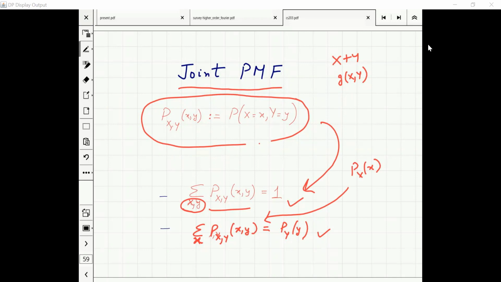Then the second condition needs to be satisfied. If you are only given a joint PMF, then you can get the individual PMFs by applying the equation. Okay, but generally, when we want to talk about functions of two random variables, we need access to the joint PMF. There is no way to get the joint probability mass function from the individual probability mass functions. That's the thing which I wanted to highlight.